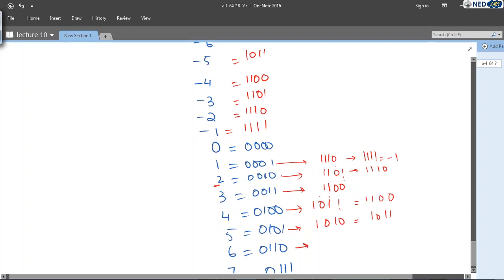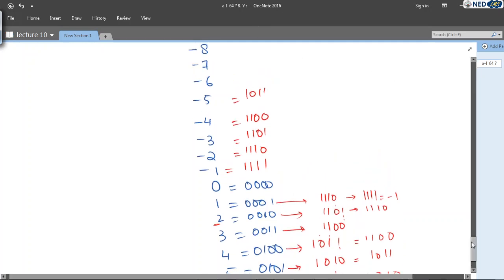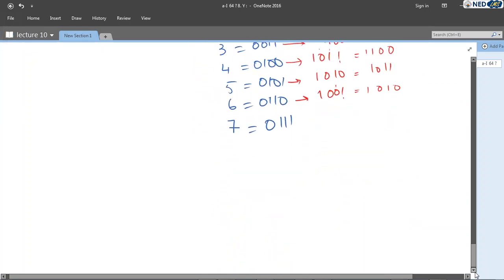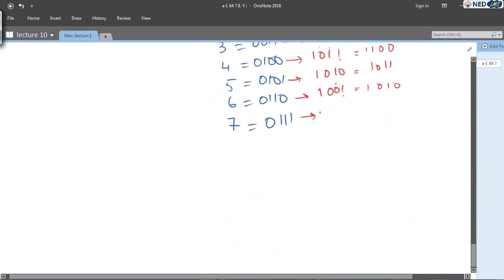Then 6. I need to represent -6, so I invert all the bits, so I get 1, 0, 0, 1. Add 1, and I get 1, 0, 1, 0. And the last one, -7: I mean, the next number would be 1, 0, 0, 0, but that would be a negative number.